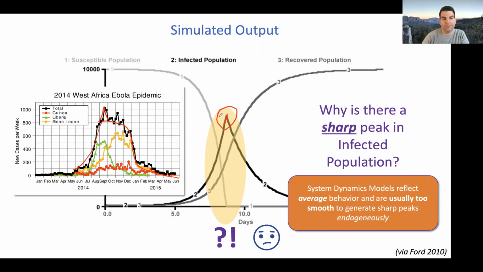Whenever I see a sharp peak like that, a lot of times that indicates there might be something weird that I've done in the coding of the model, because I would really expect this to rise up and then softly come back down. And it's not doing that here. So I need to look to see what might be causing all of this and whether I need to reevaluate some of my formulas.